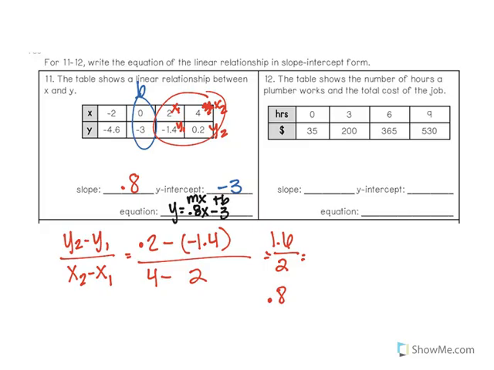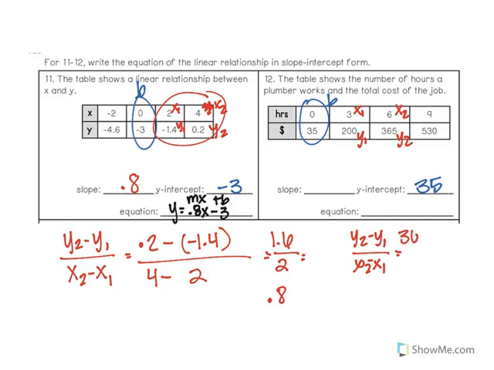Again, the easy one to do here is right here, where my x is 0, my y is my b, so my y-intercept is 35. And then I would do that slope formula again. I can use any of these points that I want. So x1, y1, x2, y2. And then I'm going to go from here and do y2 minus y1 over x2 minus x1.